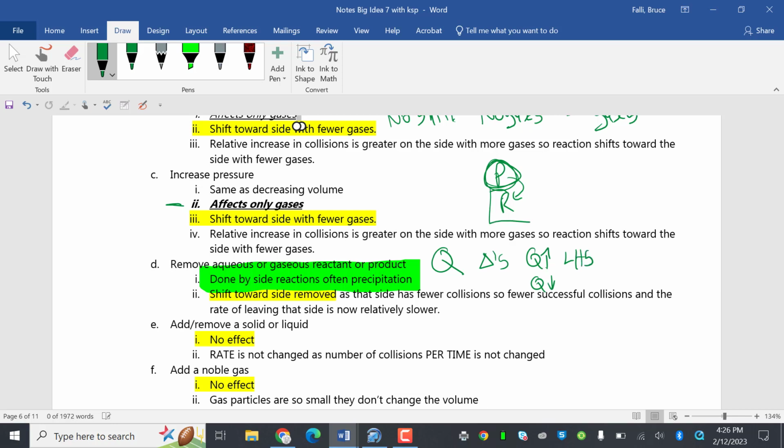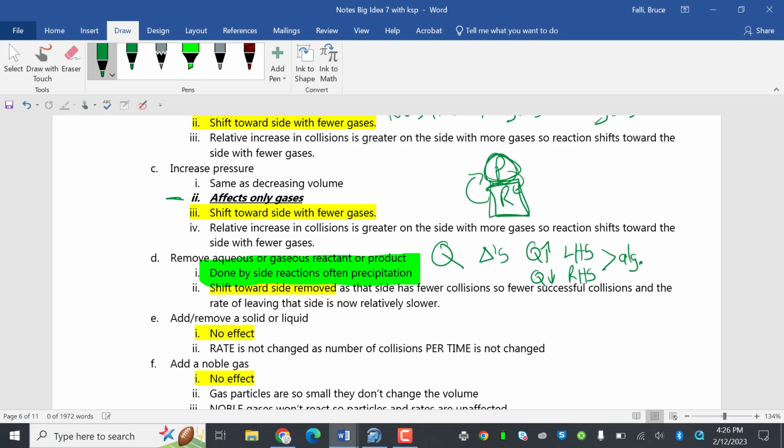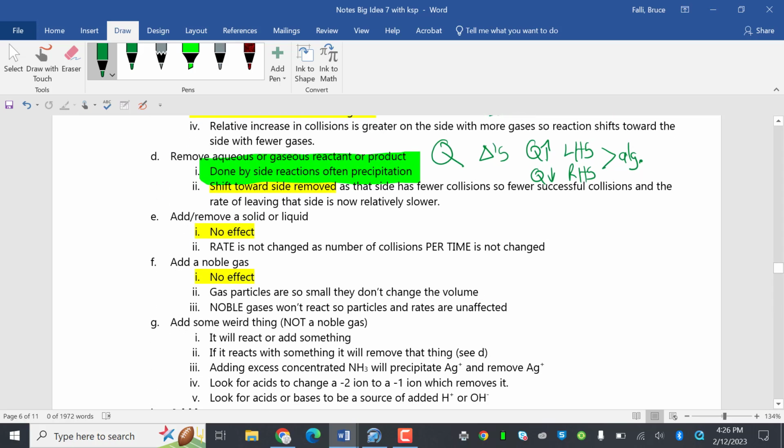And if Q goes down, I'll have too many reactants, and it will shift to the right-hand side. And of course, our reason is our old friend, algebra.